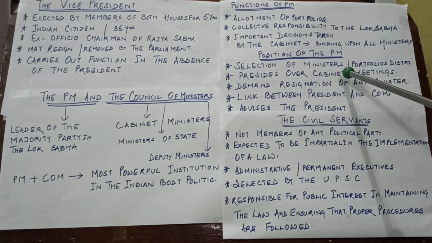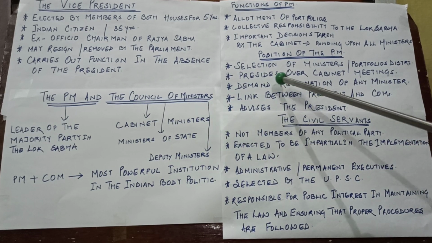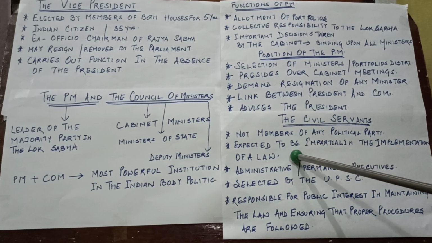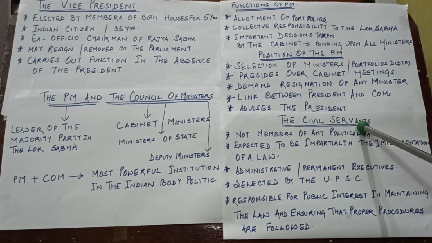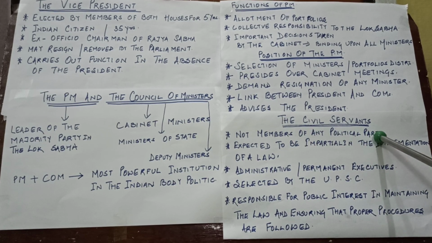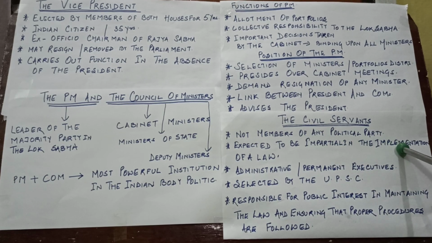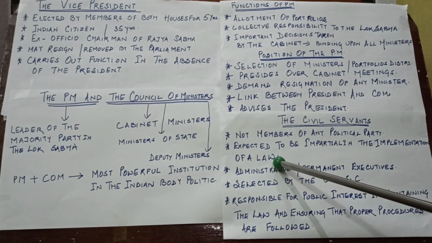The cabinet ministers only formulate the policies, while the implementation or the real execution of the law is done by the civil servants. And as they do not belong to any political party, they are expected to be impartial in the implementation of a particular law.